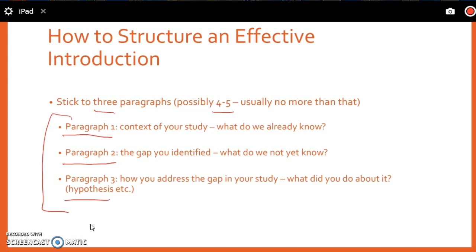So the reason why we sometimes see introductions that are 4 to 5 paragraphs long, usually what happens is that the first part becomes 2 to 3 paragraphs. So the context of your study, outlining what we already know, sometimes takes a little longer, and it's not unusual.